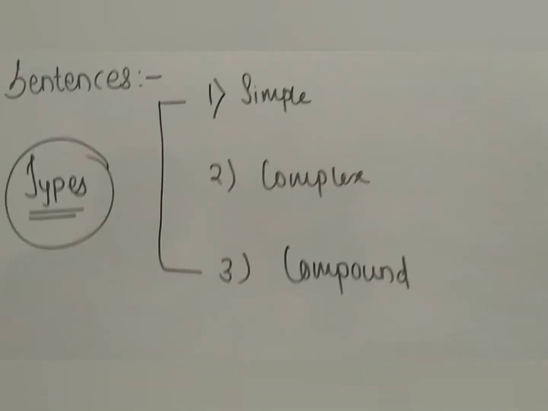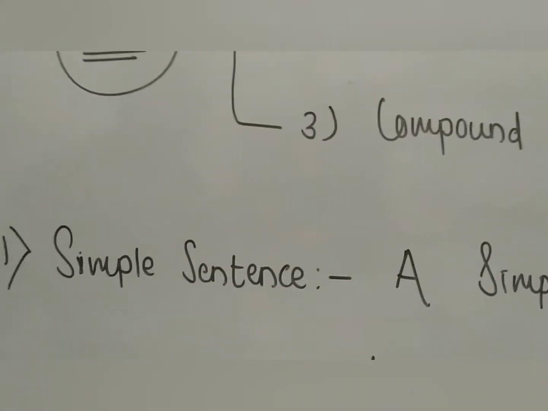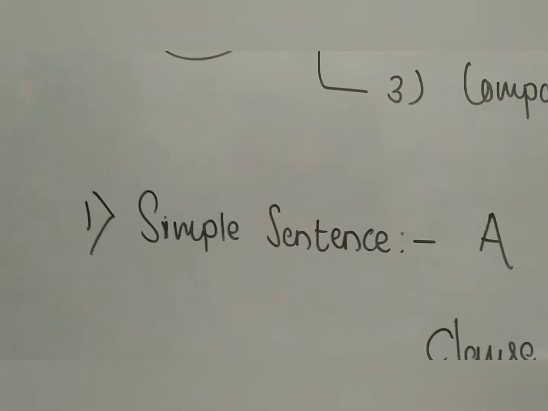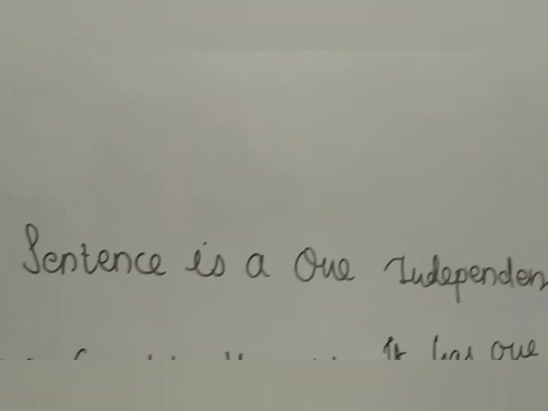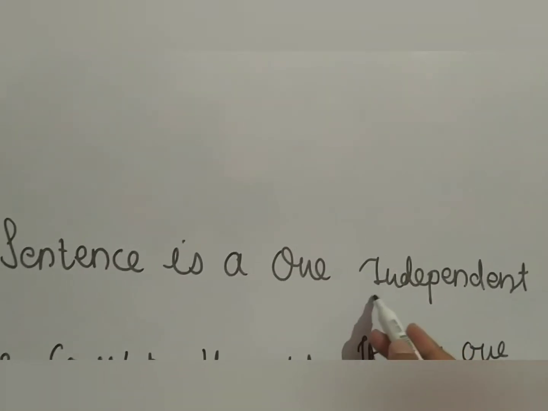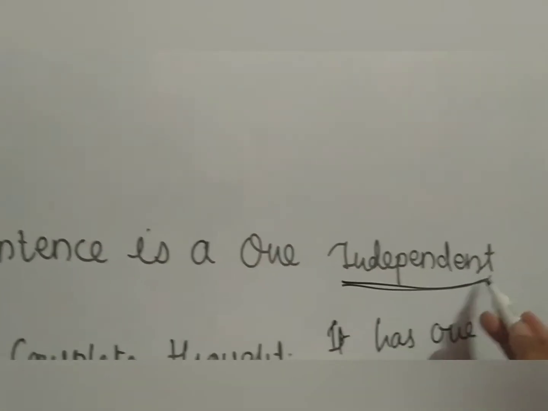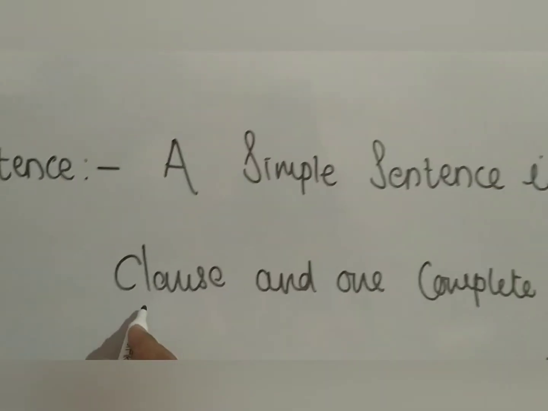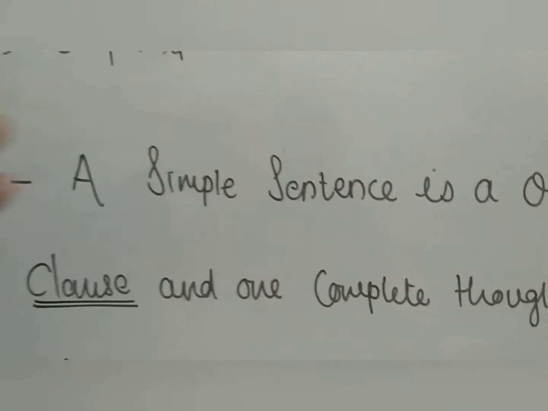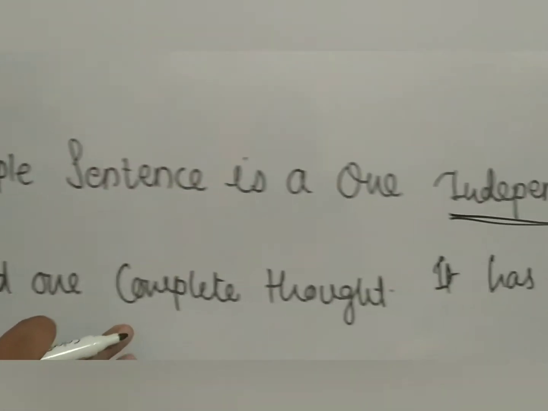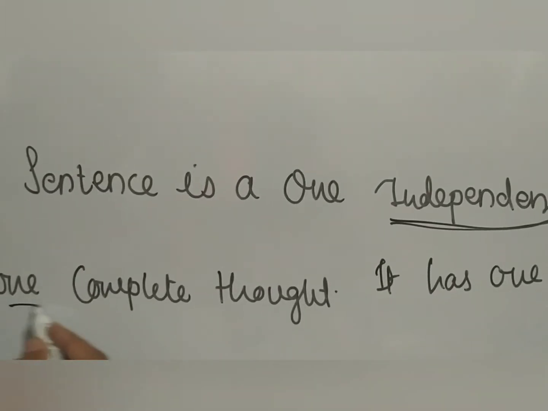Now see, simple sentence, it is very easy to identify. A simple sentence is one independent clause. It is not dependent, it is independent. It stands by itself. One independent clause and one complete thought.